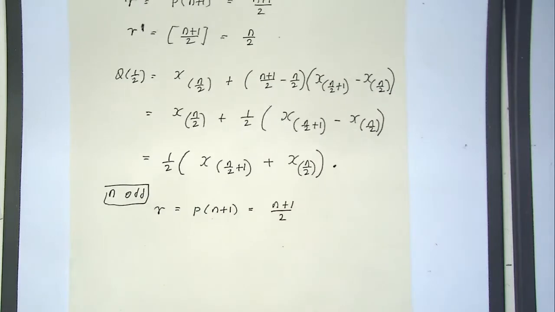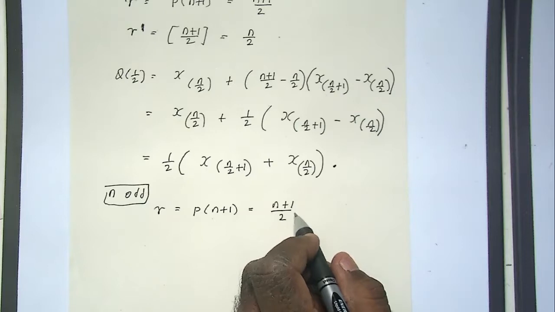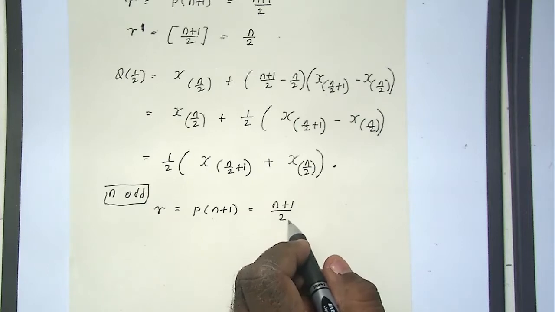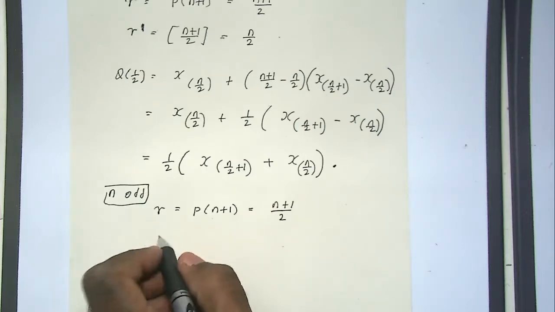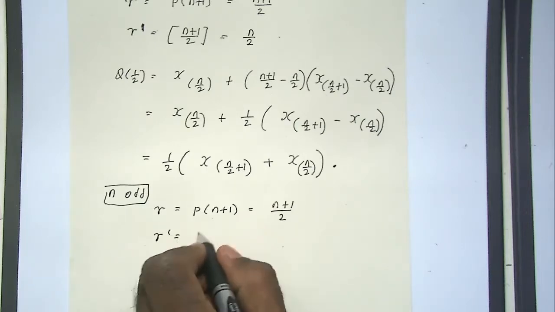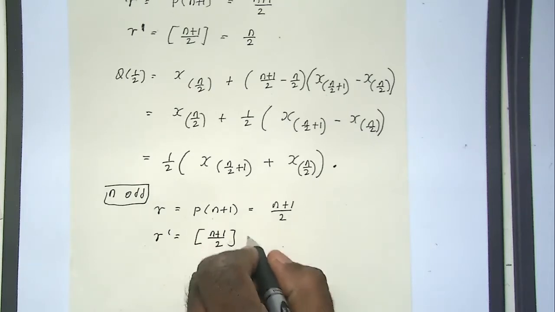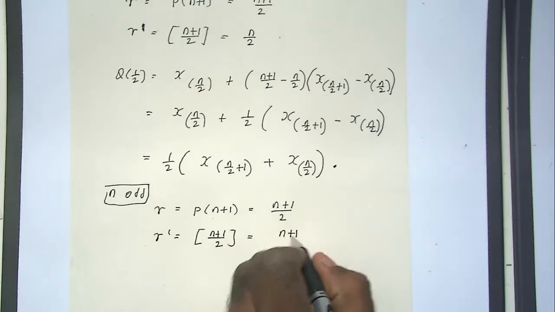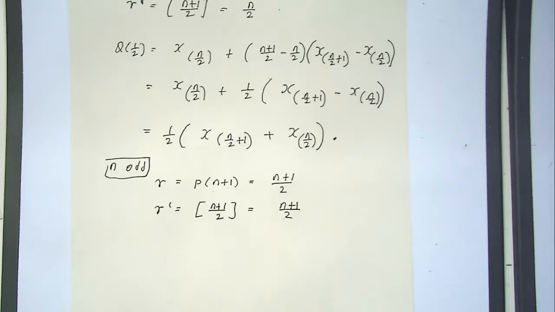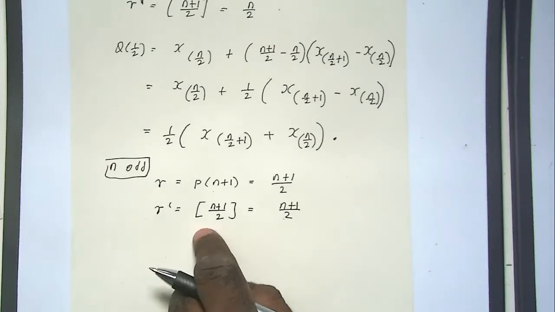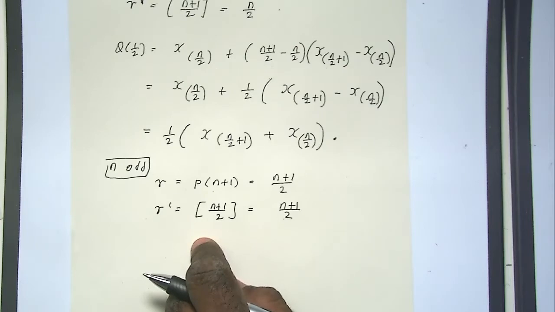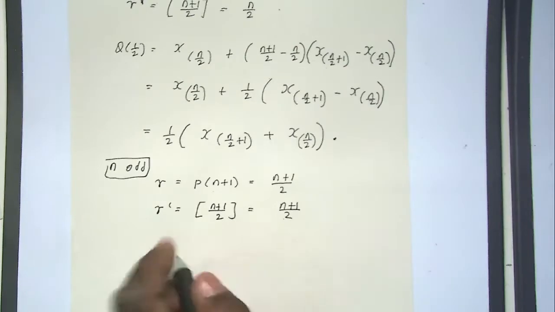Now if n is odd, n plus 1 is even, so even divided by 2 is an integer. So r prime will be this, because (n plus 1) divided by 2 is an integer, and the integer part of an integer is itself.